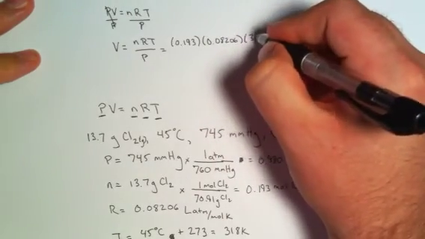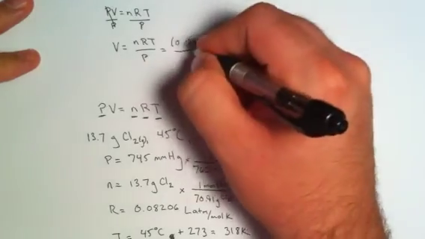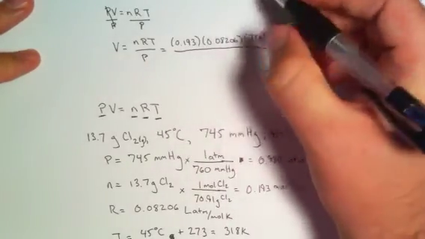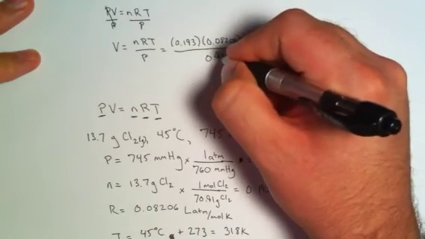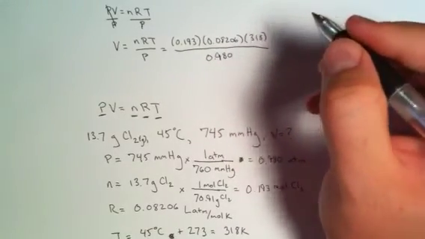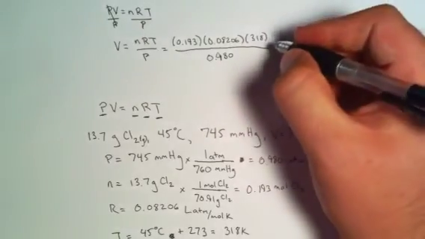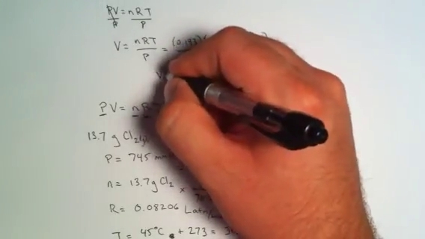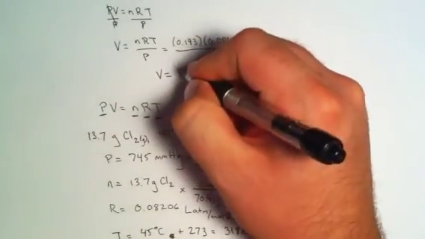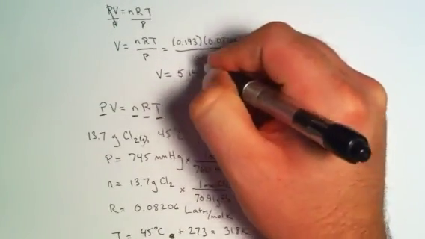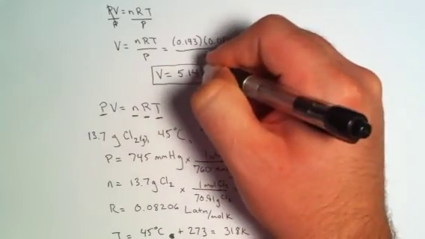For the T we'd have 318. And for the P we'd have 0.980. When you put that in the calculator and solve it, you get 5.14 liters as your volume.